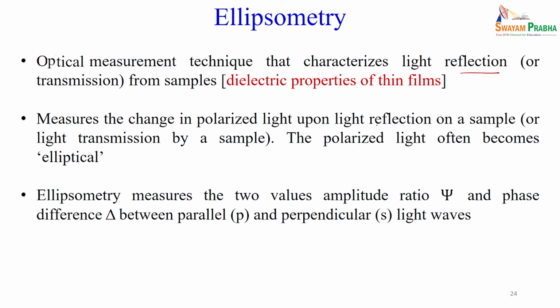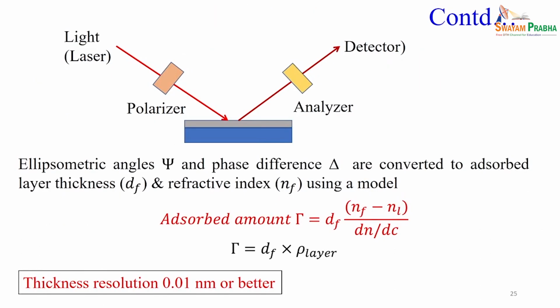So, it may have the reflection or transmission. So, that polarized light becomes elliptical. So, this is a light source, let us say this is a laser, it goes through the polarizer, then comes to the surface, then it is reflected through the analyzer, then goes to the detector.